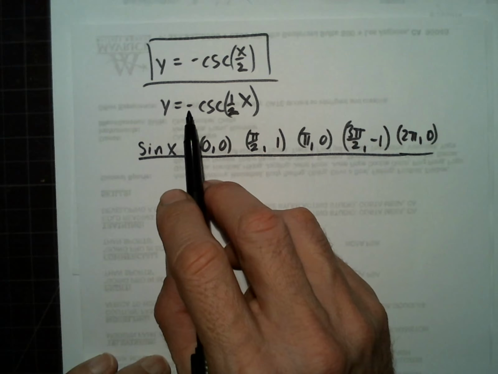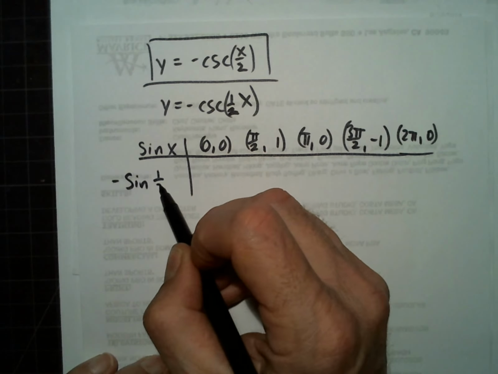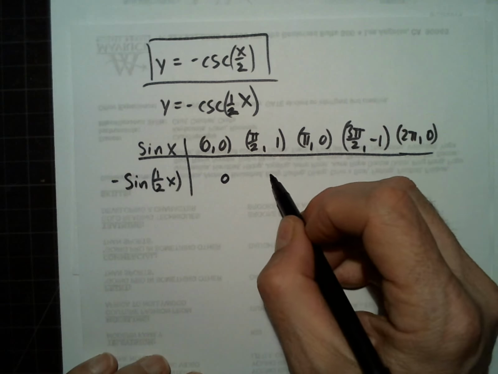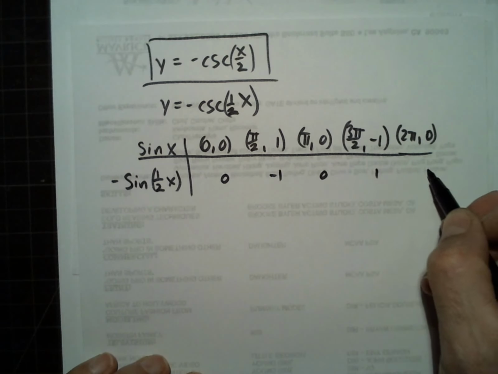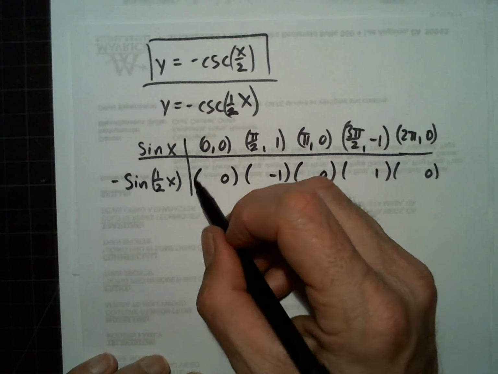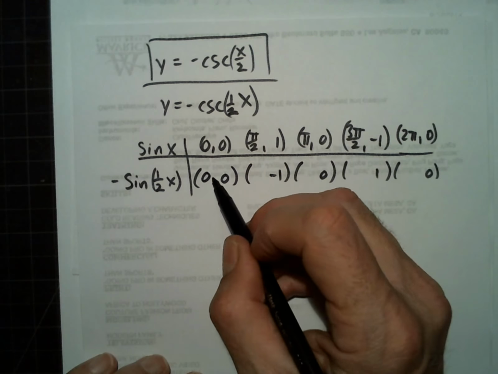We're going to change the y value by multiplying by -1, and we'll divide the x values by half. That means multiply by 2.